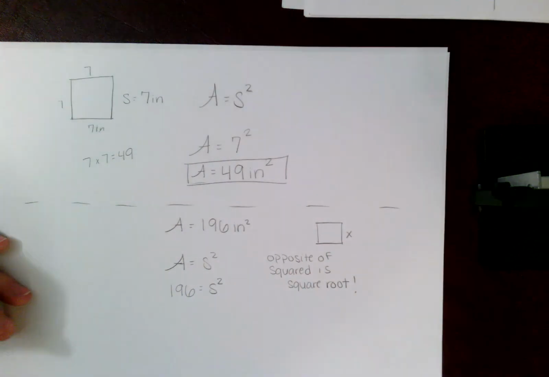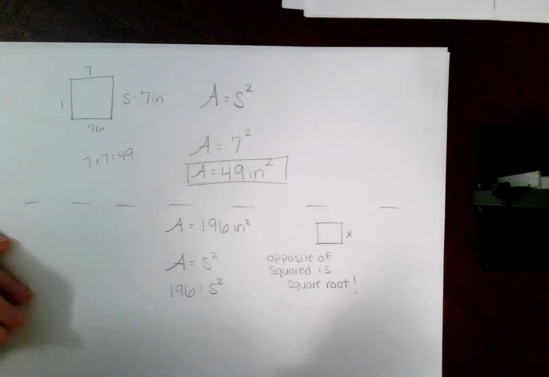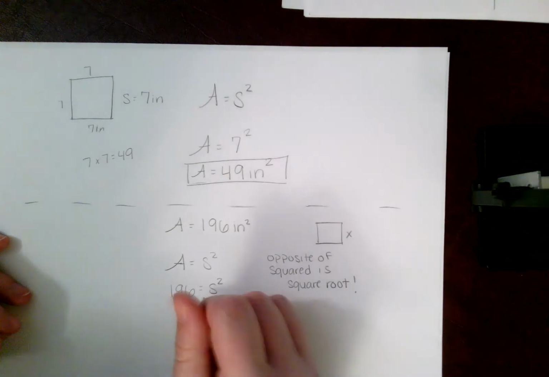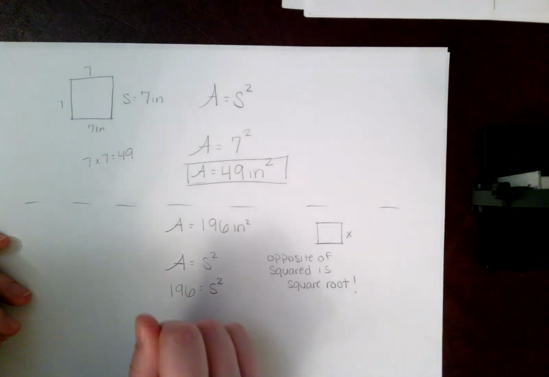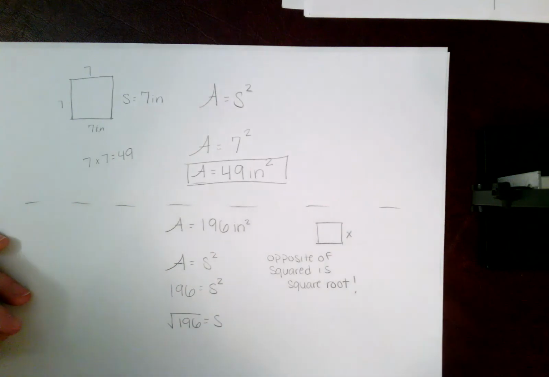So we need to figure out the square root of 196. So to get s by itself, you want to do the square root of it. So we would do the square root of 196 equals s.